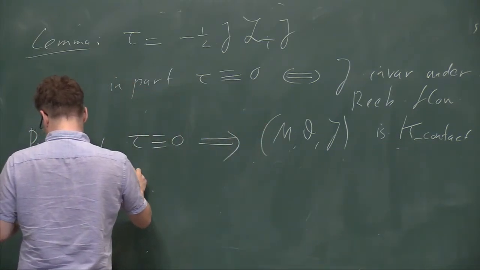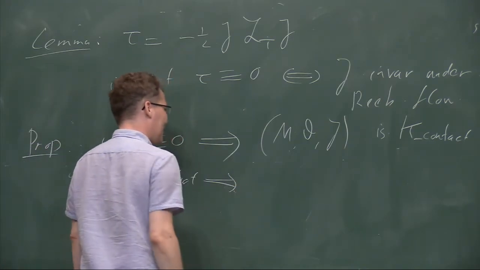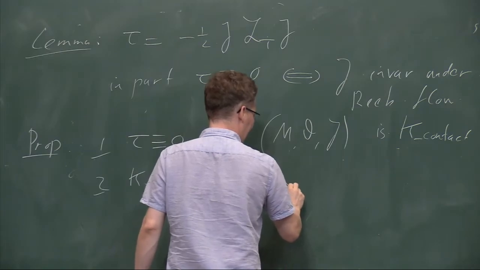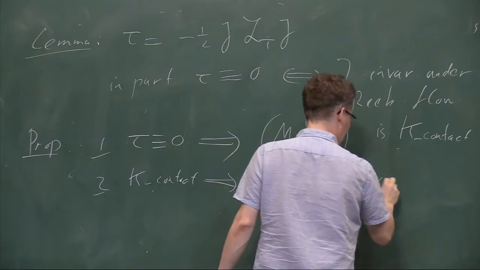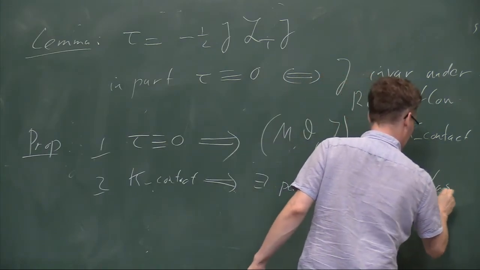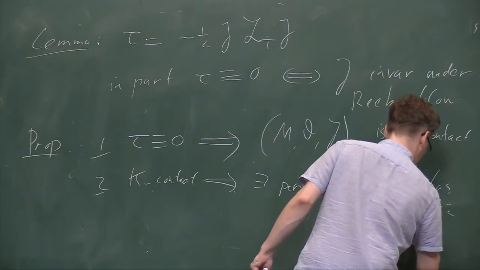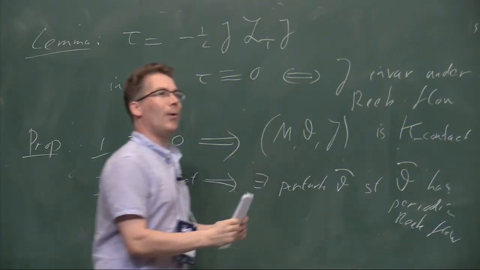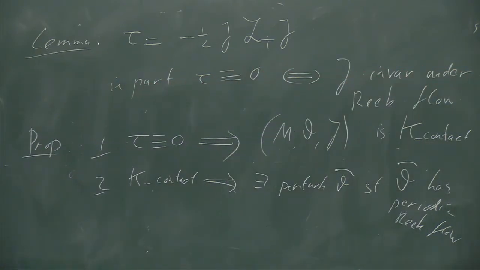And secondly, K-contact means actually that there is a perturbation, let's say tau tilde, such that tau tilde has periodic Reeb flow. So essentially these torsion zero things are always contactomorphic to some pre-quantization bundle, maybe over an orbifold. So they're extremely special.